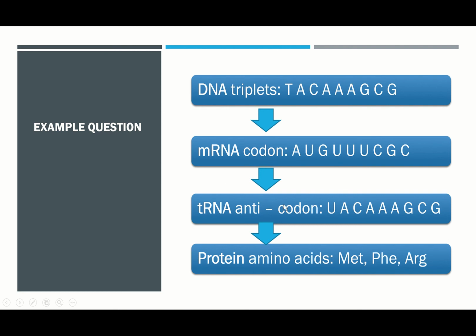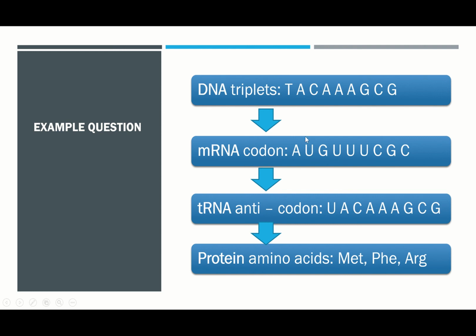But it's important to notice that these protein amino acid names are based not on the characters from the anticodon, but from the characters of the mRNA codon. So that's kind of weird, right? Because following this diagram, you would naturally think we get these letters from the anticodon. But no, these letters are based off AUG.